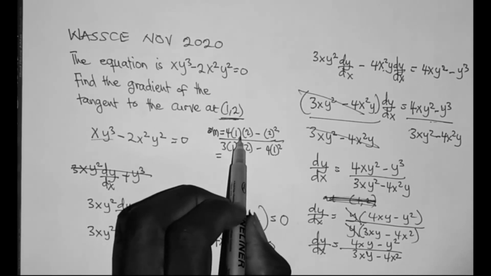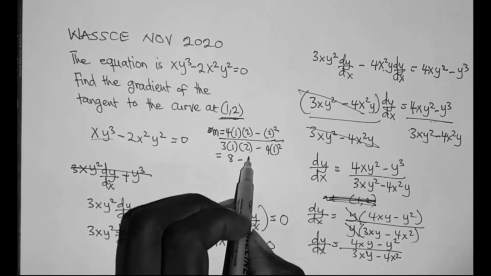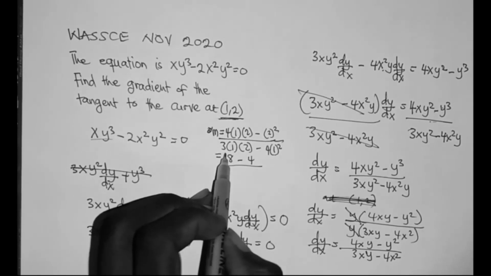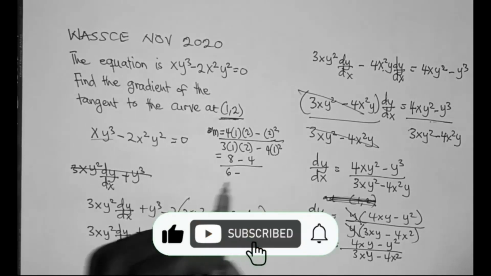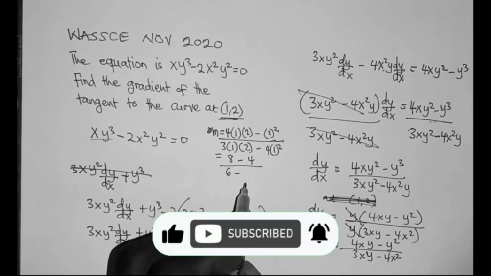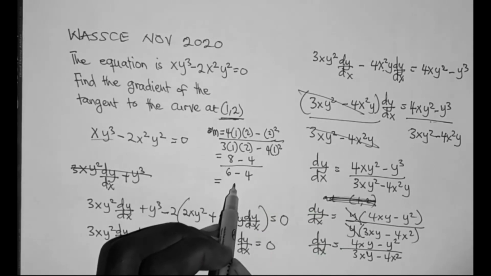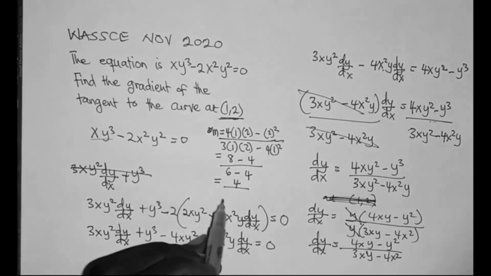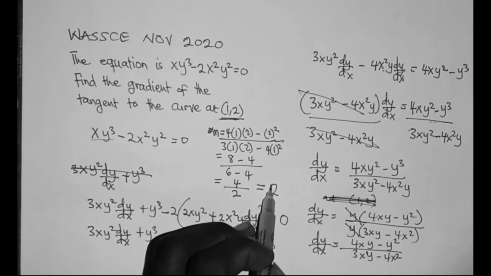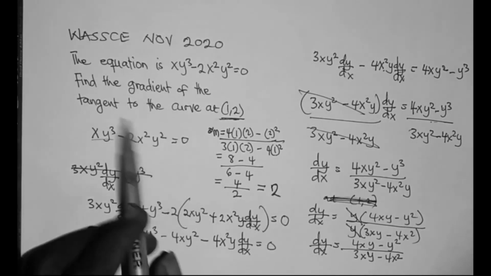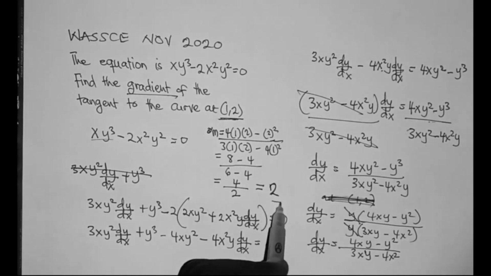So 4 times 1 is 4, 4 times 2 is 8, minus 2^2 is 4, divided by 3 times 1 is 3, 3 times 2 is 6, minus 1^2 is 1 times 4 is 4. 8 minus 4 is 4, divided by 6 minus 4 is 2, and this is equal to 2. So this implies that the gradient to this curve at (1, 2) is 2.